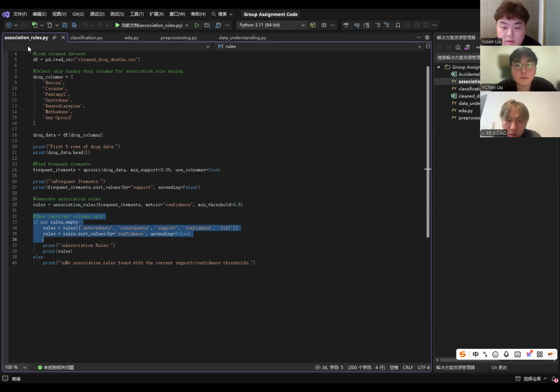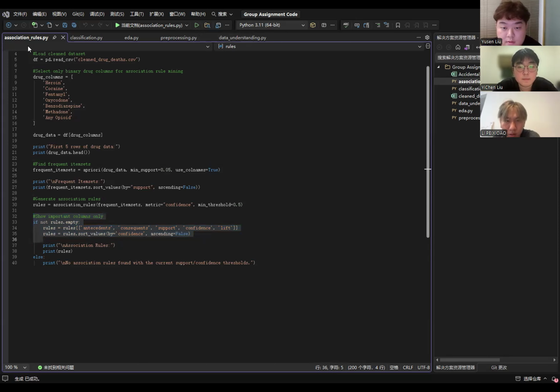Confidence means how likely the result happens when the condition happens. Lift shows if the relationship is strong. If the lift is more than one, it means there is a strong association. Now I will run the rules code.